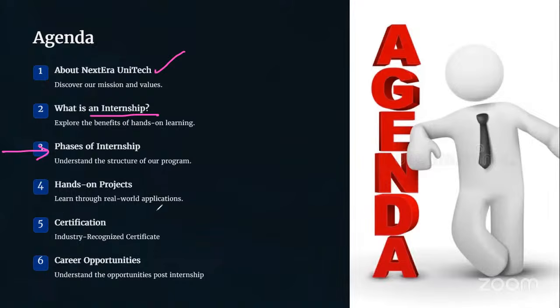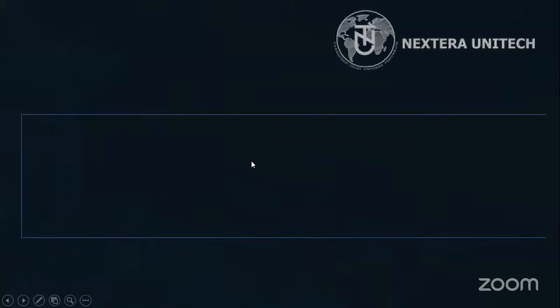And once you're done with the internship, you'll be certified. I'll be talking about the certification. And finally, the career opportunities. What if you do this internship? What opportunities can you find in real time? Okay, so all these points I'll be addressing in the next couple of minutes. Pay attention. Let me first go with what exactly Nextera Unitech is.